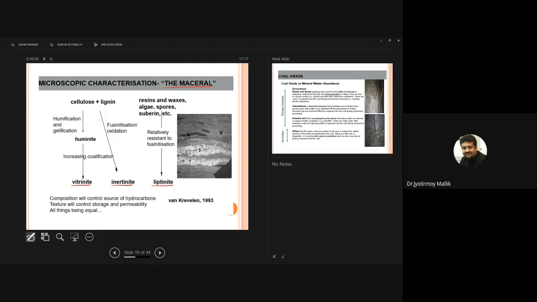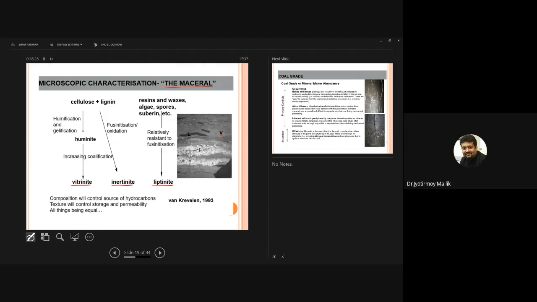The grayish stuff which actually forms the overall matrix of the coal, that is my vitrinite. And you can look at it here denoted by the letter V.